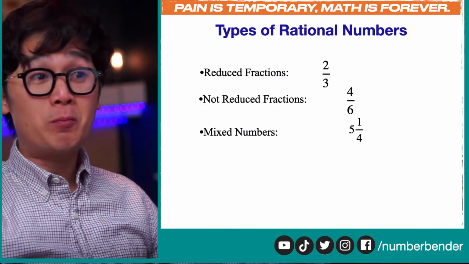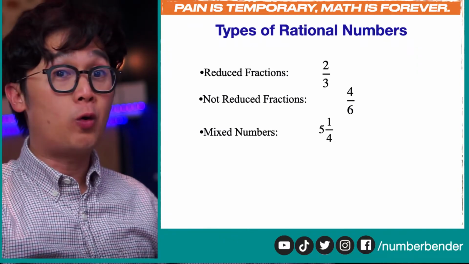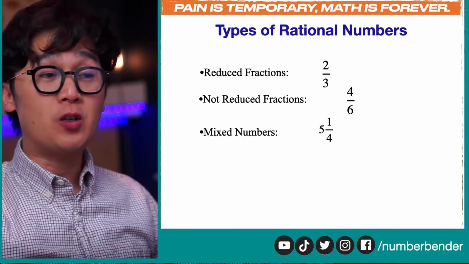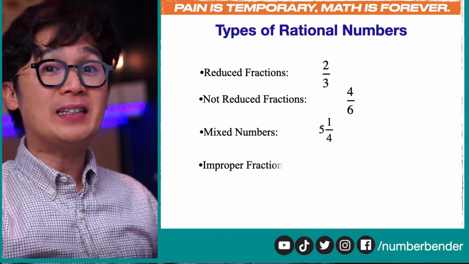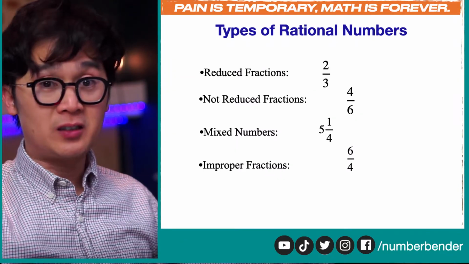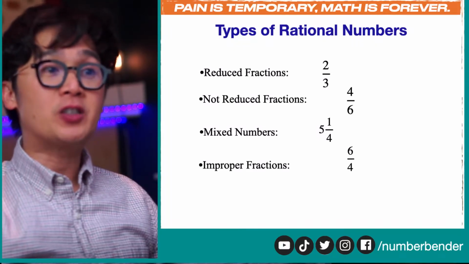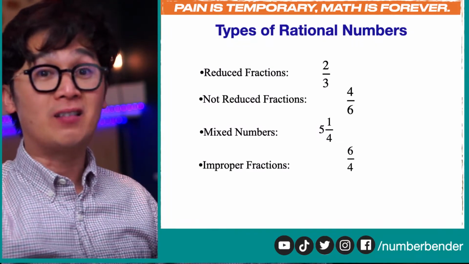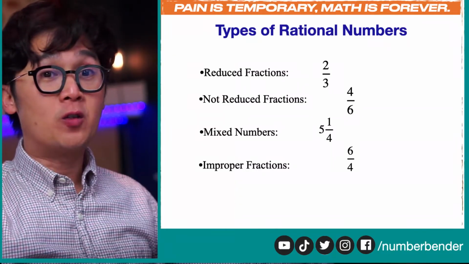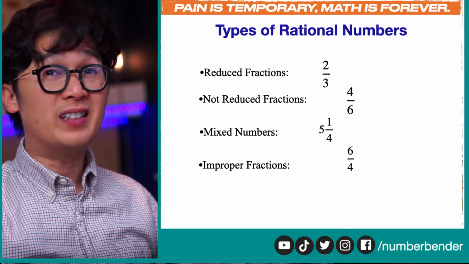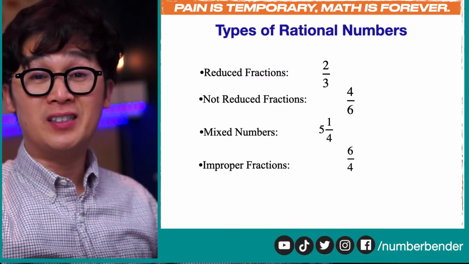And we have mixed numbers, which is a mixture of a whole number and a fraction. So we have 5 and 1/4. And mixed numbers are related to improper fractions, which are fractions wherein the numerator is greater than the denominator, like 6 over 4, 27 over 2, 108 over 1007.